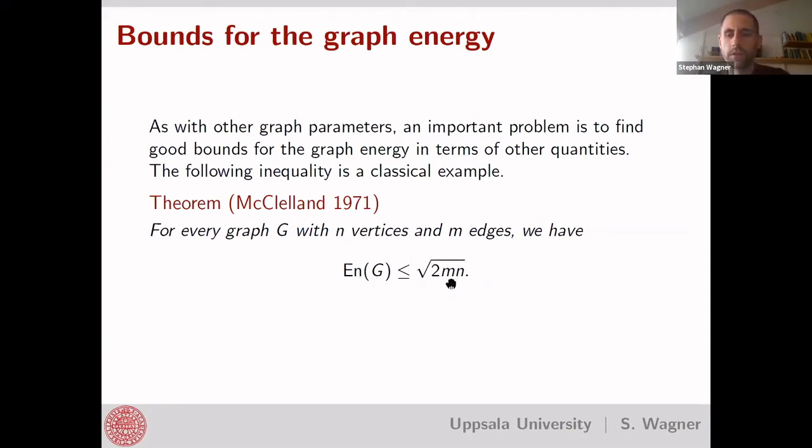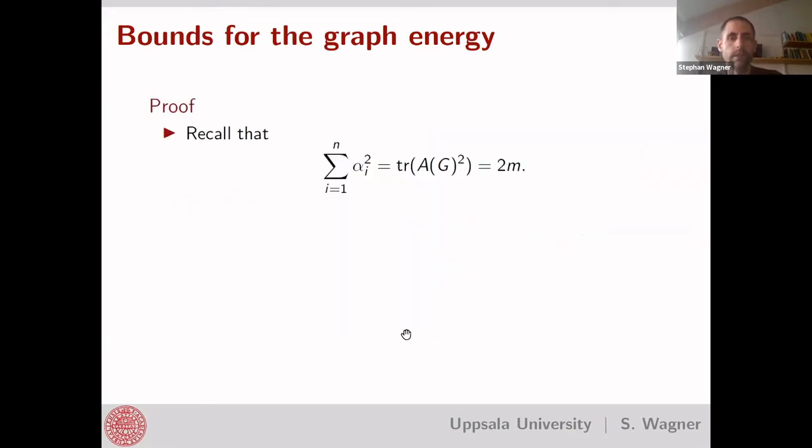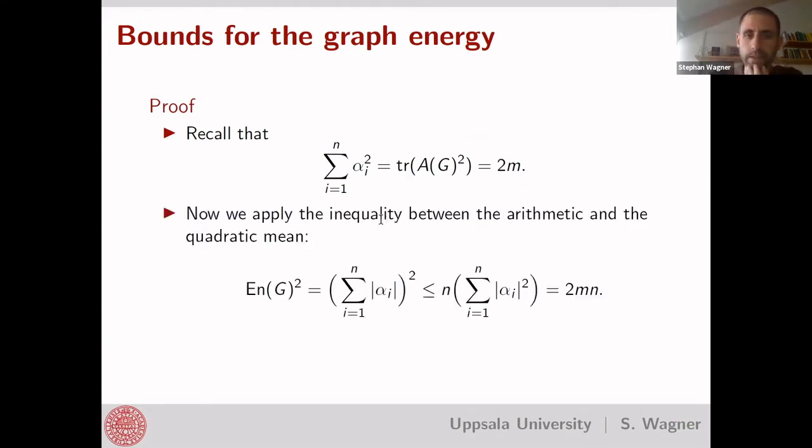It says that the energy is at most the square root of 2 times the number of vertices times the number of edges. Proof is not very hard. What we need to remember is that the sum of the squares of the eigenvalues is equal to twice the number of edges. We saw that earlier. And then we apply the inequality between the arithmetic and the quadratic mean, or if you prefer, the Cauchy-Schwarz inequality.